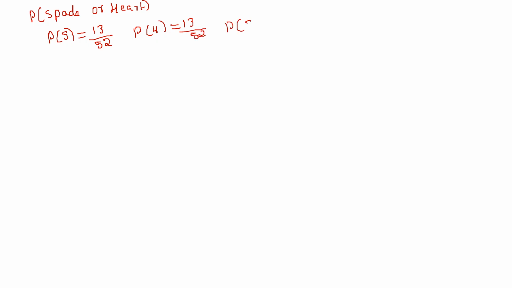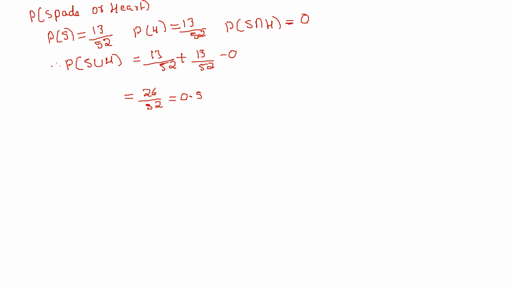The probability that a card will be both heart as well as spade: there are no such cards, so the probability is 0. Therefore, the probability that the card will be either spade or heart is 13 by 52 plus 13 by 52 minus 0. So that will be 26 by 52, 0.5.